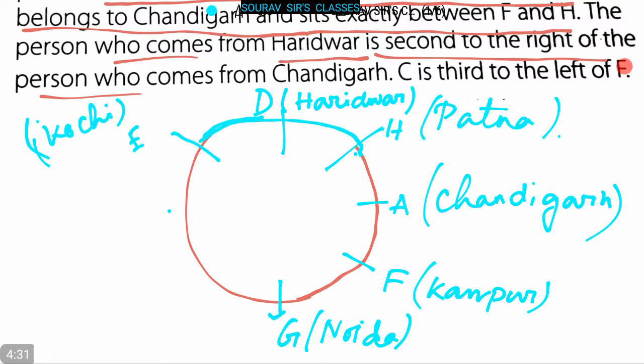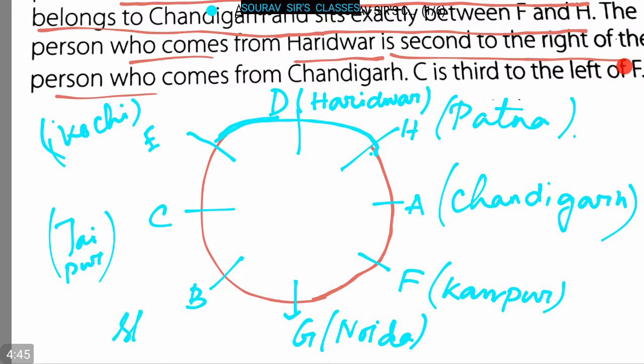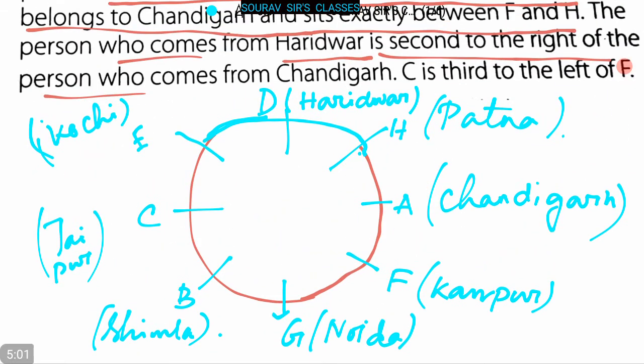After E here is C who comes from Jaipur. Now in this position here is B who comes from Shimla. Okay, so I have prepared the seating arrangement of the persons, and also I have derived the places from where they are. So now let's solve the questions.